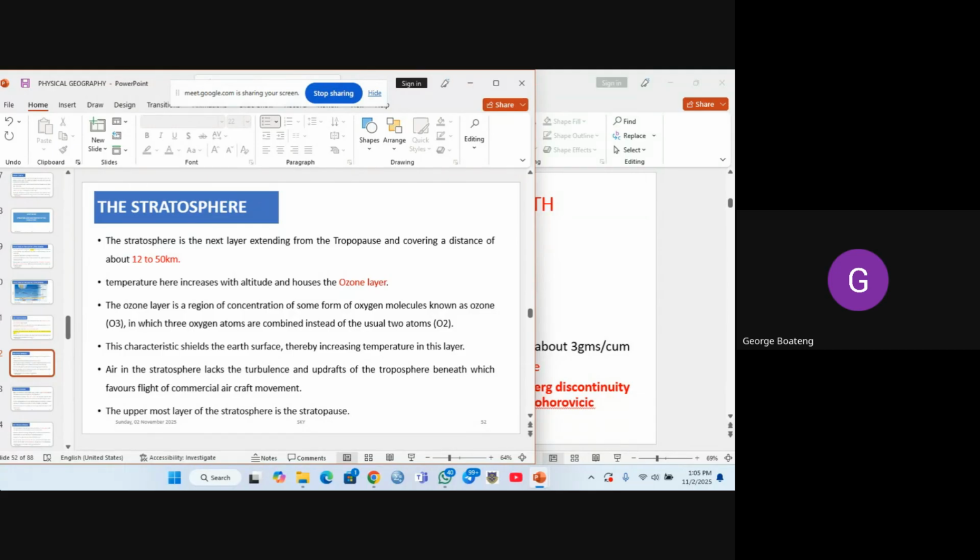Because the place is very stable, aeroplanes like operating in this layer, because it is not cloudy and you can see. But most of the airplanes that fly there are international planes, not local planes, because local planes, after a few minutes, have to come down.